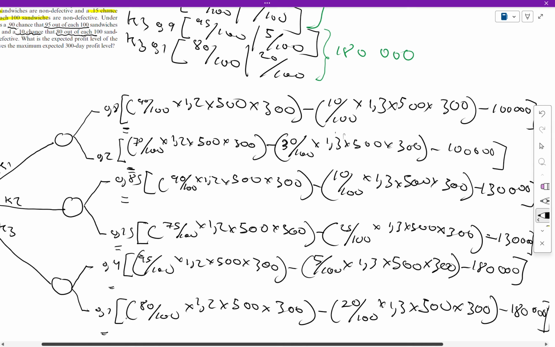Okay, minus 1.3 times 500 times 300. 1.2. In this game, we need to make sure, 1.3, okay, 10 over 100, okay, minus 100,000.